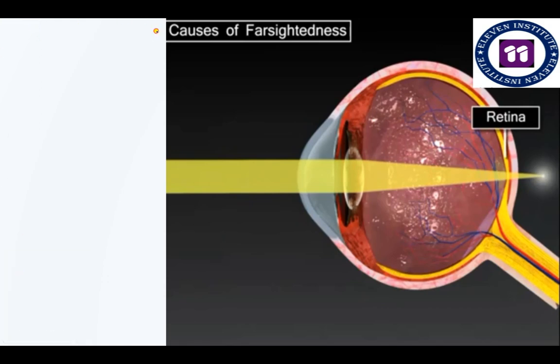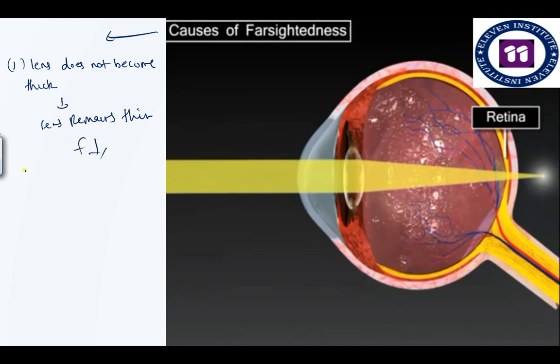When we are talking about far-sightedness, what is the reason? The lens does not become thick. The lens remains thin. This is the problem.